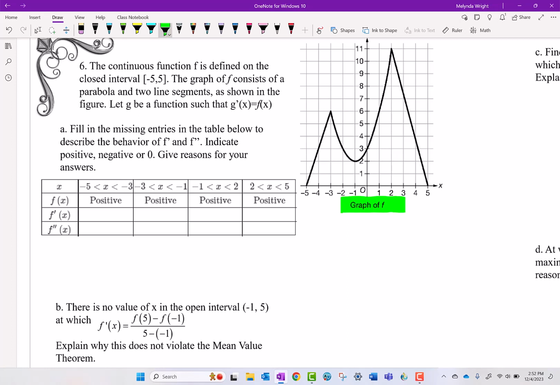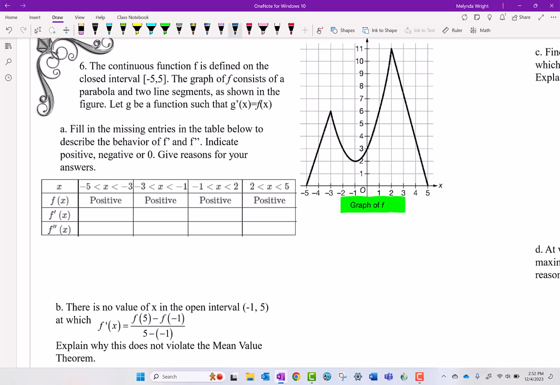Our table is already filled out with those all positive. It wants us to fill out all the blanks. So what about f prime? How do we read f prime? As I am looking at between -5 and -3, f prime is the slopes along here, and those slopes are positive.